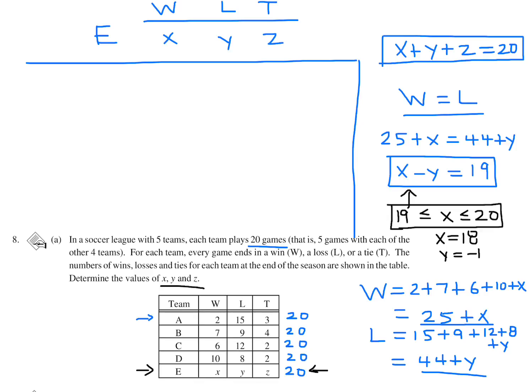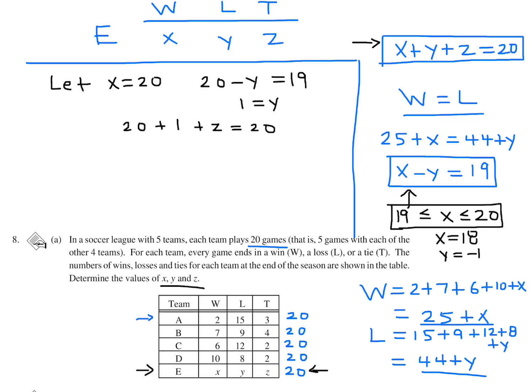So let's do that. First, let's start with x equals 20. If x equals 20, that means 20 minus y is equal to 19, and therefore y is equal to 1. Now let's look at this equation to figure out z. We have 20 plus 1 plus z is equal to 20.